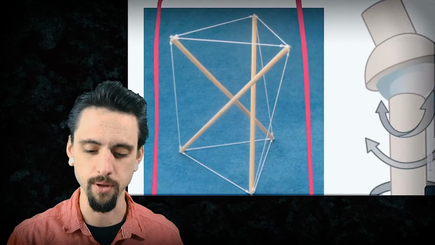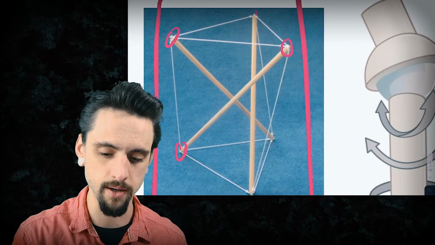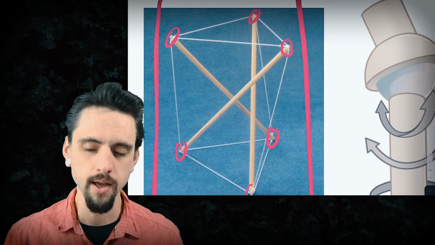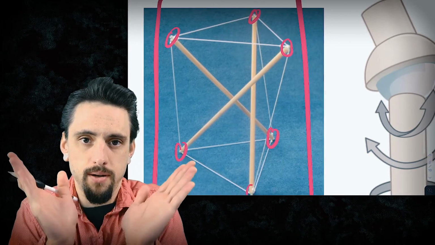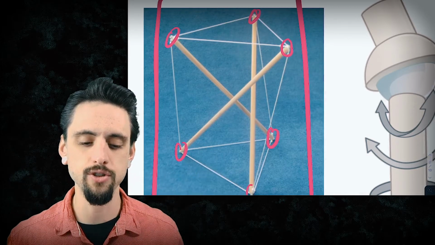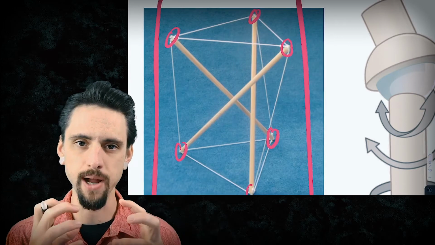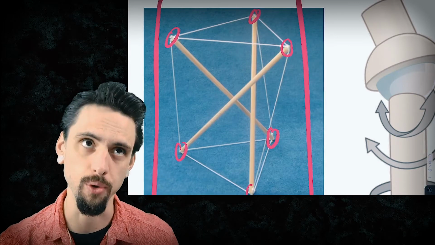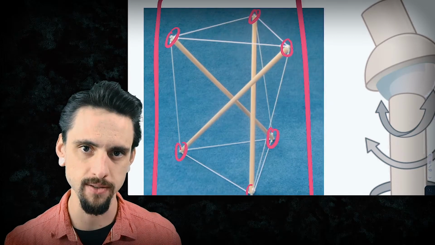So for example, right here, here, here, here. These are all points of compression, compressing the string that is holding them in place. And the string is creating tension around the system, which holds the compressive elements of the bars in place.